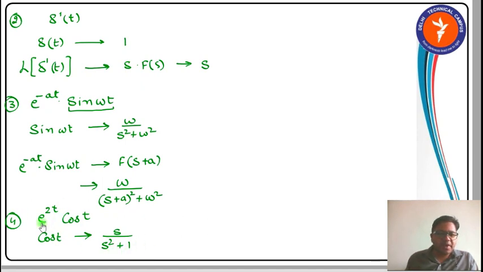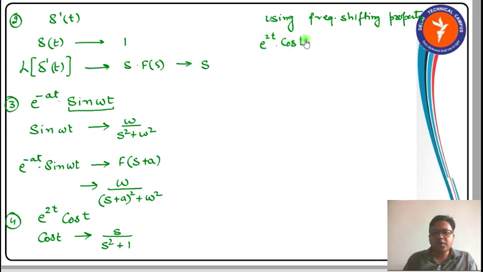So when multiplied with e raised to power 2t, we will use the frequency shifting property. Using the frequency shifting property, we will get the Laplace transform of e raised to power 2t into cos t to be, now we will replace s with s minus 2, that is we will add the negative of this component into s.